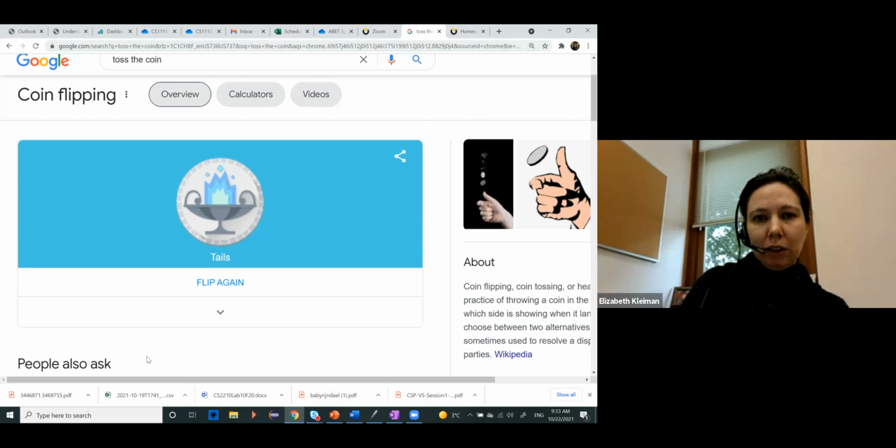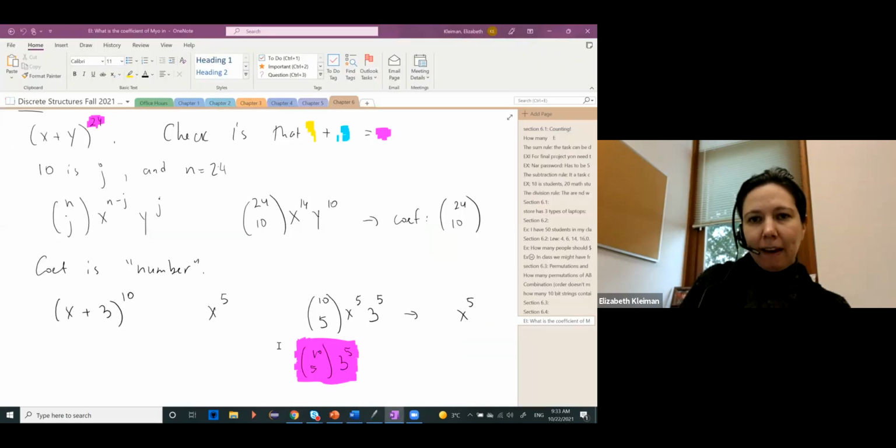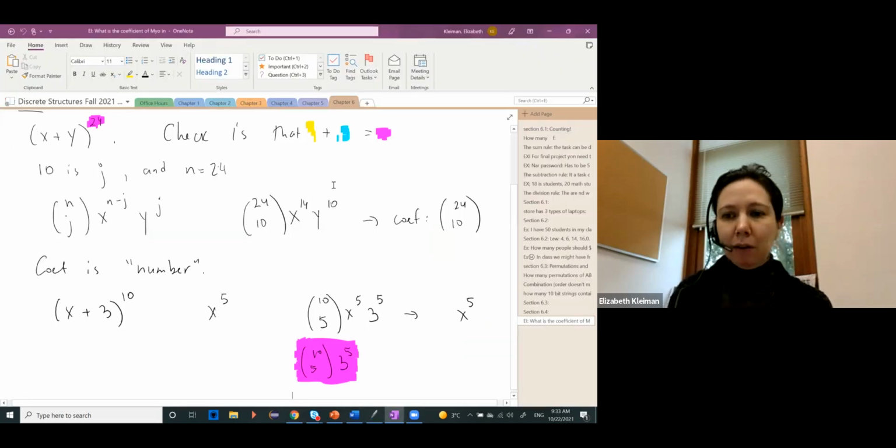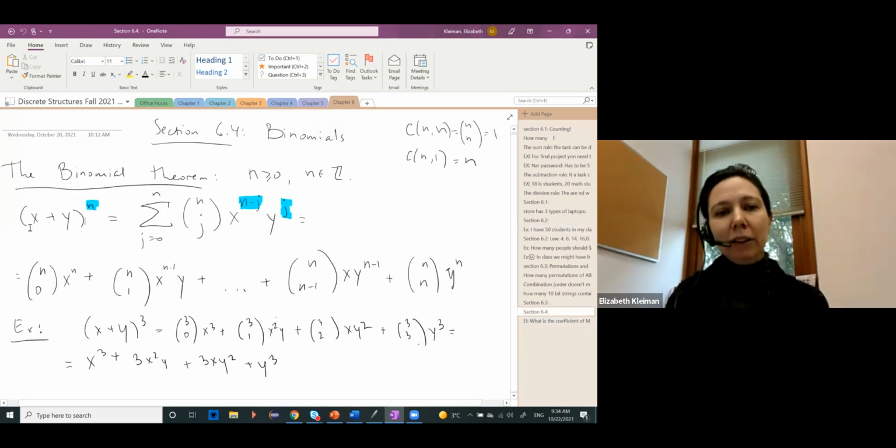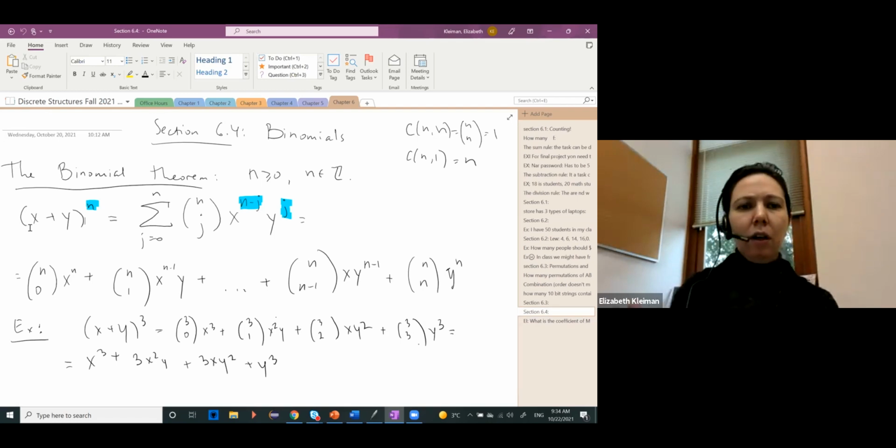So, let's see. We have been talking about the binomial theorem, and we are going to talk about how we can use it. As a reminder, the binomial theorem tells you how to expand (x + y) to the power n.